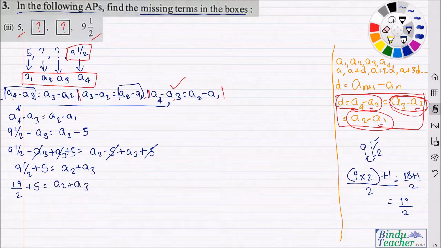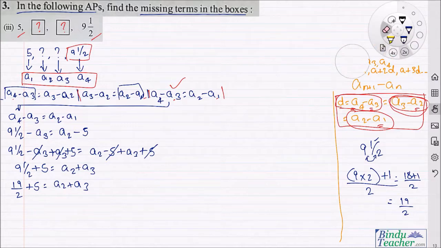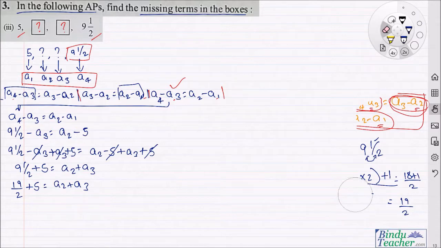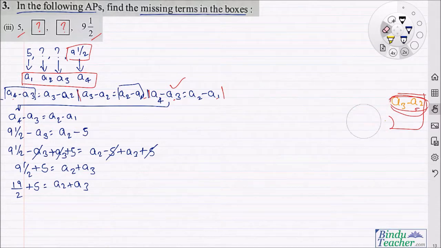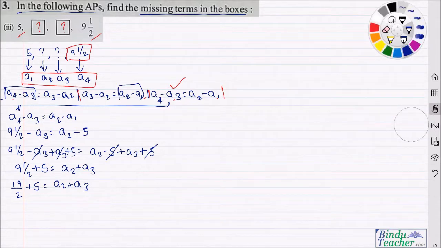Now we will add 19 by 2 plus 5. To do that, again I'll clear up some space here. So we'll do 19 by 2 plus 5. I'll add 1 as the denominator. Now we will cross multiply numerator into denominator.